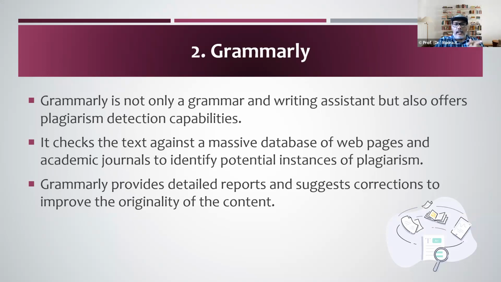It checks the text against a massive database of web pages and academic journals to identify potential instances of plagiarism. Grammarly also provides a detailed report and suggests corrections to improve the originality of the content.